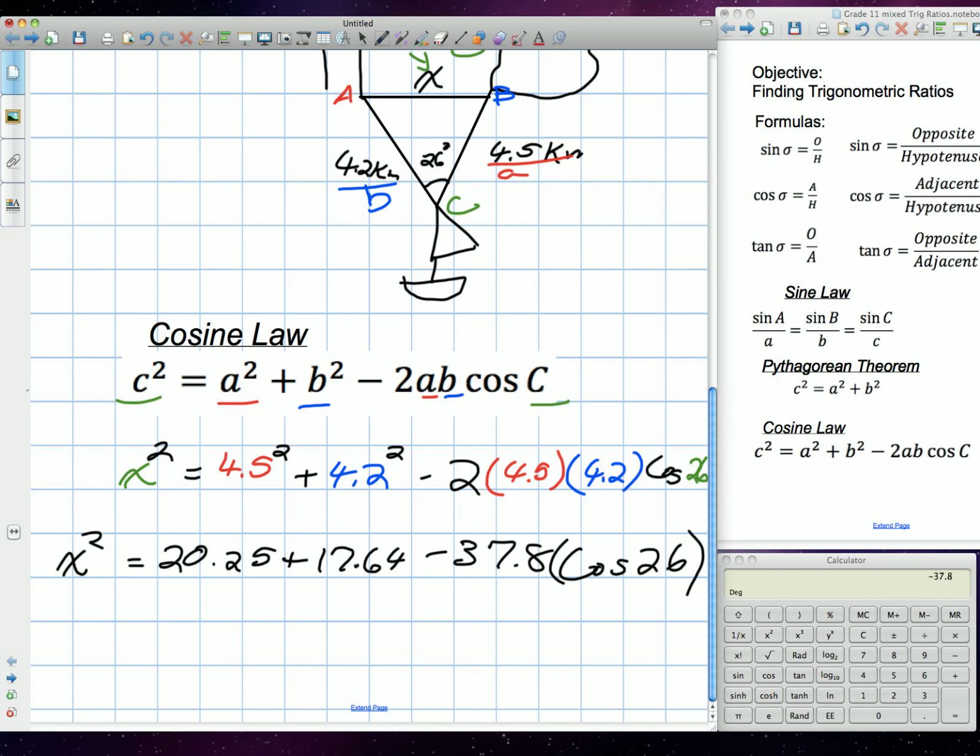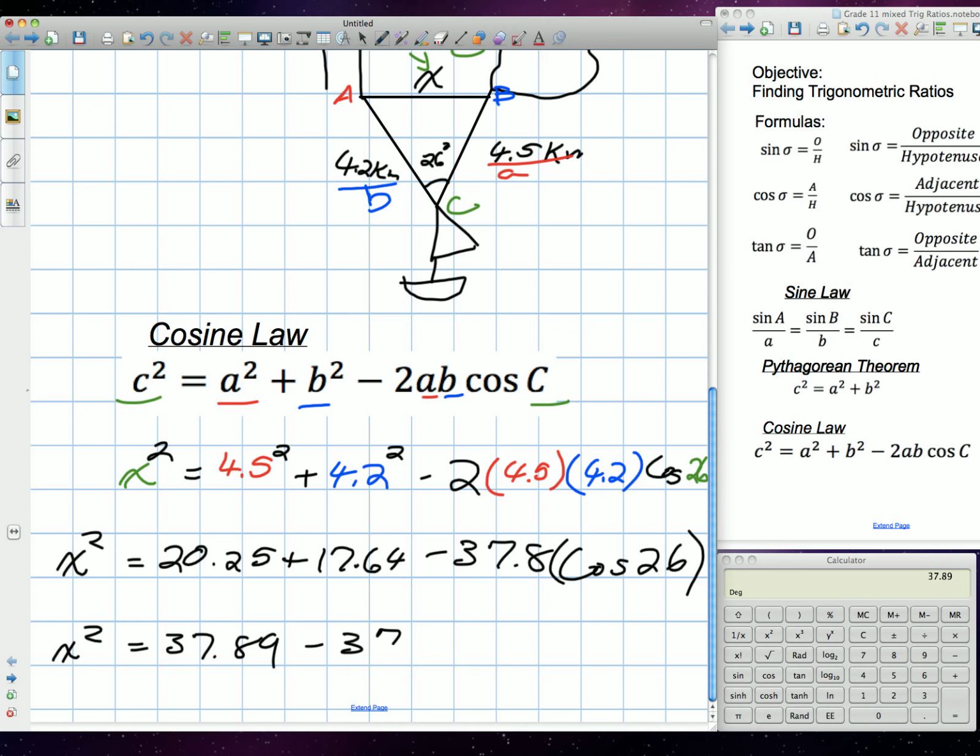I'm going to add my two terms together. 20.25 plus 17.64 is 37.89. Subtract 37.8 times cos 26.